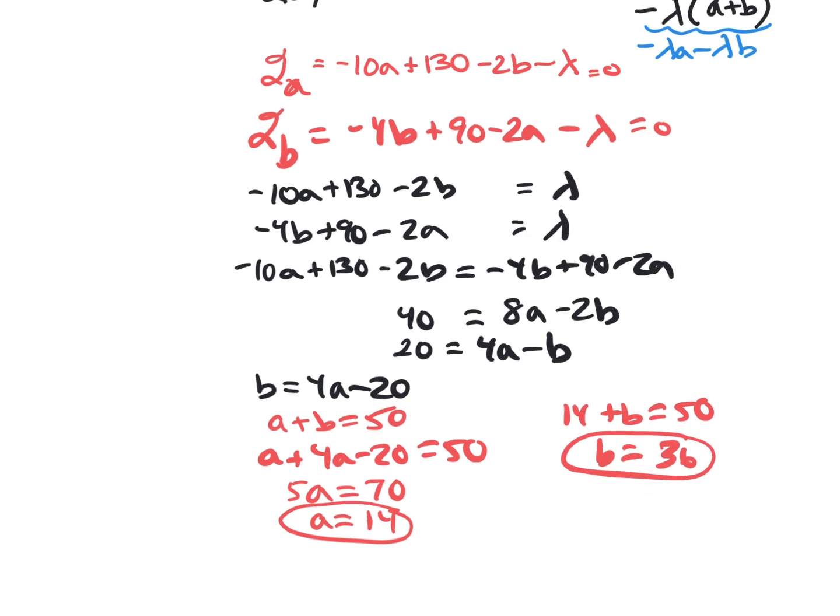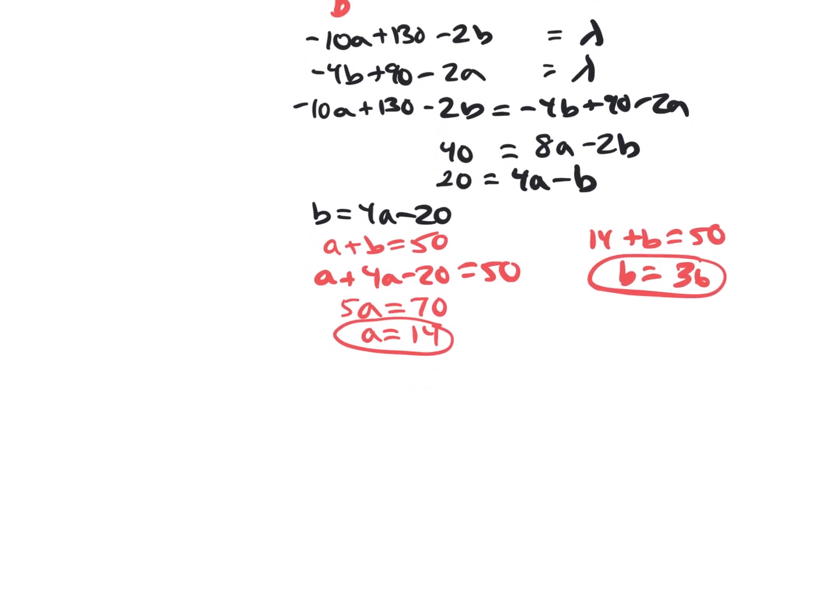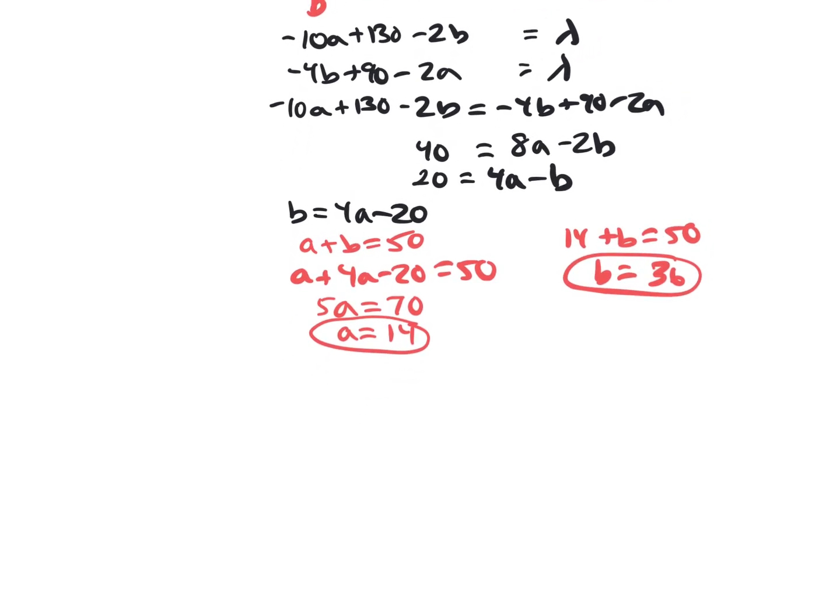Okay, so one thing we're going to check, remember we're going to go back to that profit function, and check what we get when we put in a being 14 and b being 36. And it's just a good habit to check the extremes.